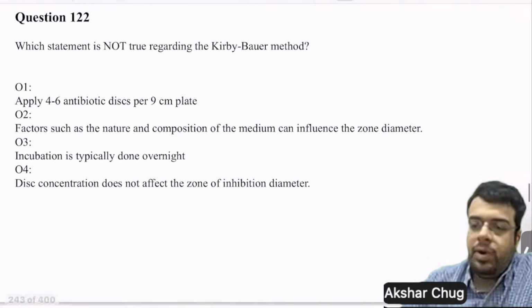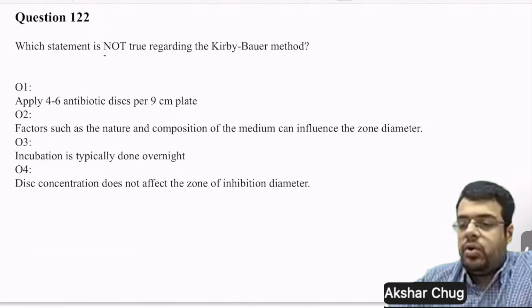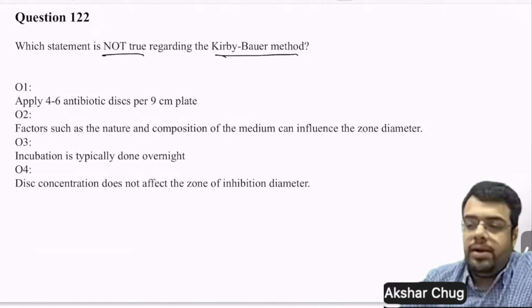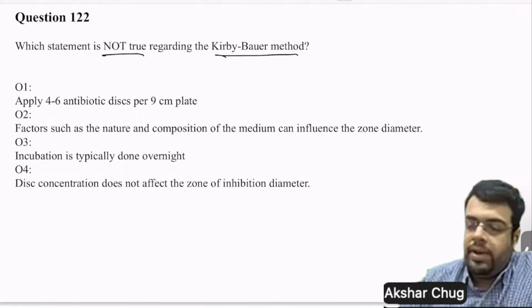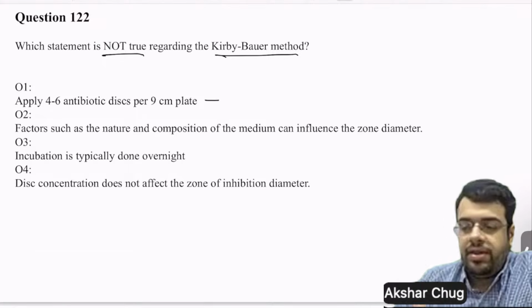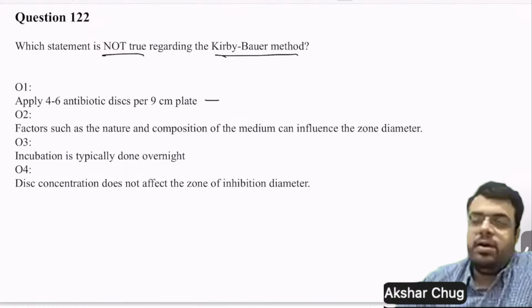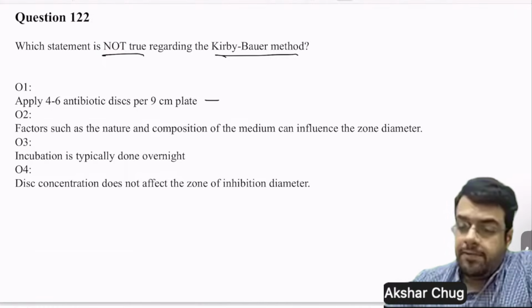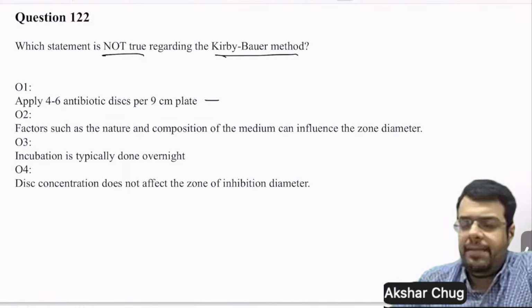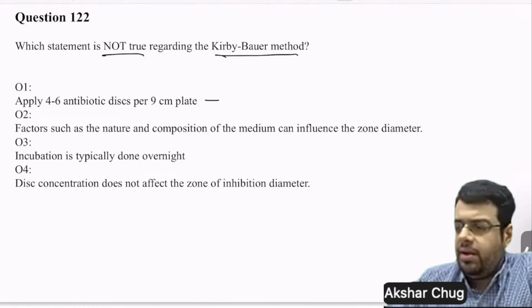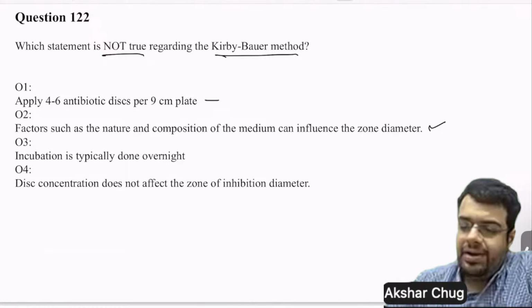Question 122. Which statement is not true regarding the Kirby-Bauer disc diffusion method? Apply 4 to 6 antibiotic discs per 9 centimeter. Okay, I don't know about this, so let's keep it as a potential option. Factors such as nature and composition of the medium can influence the zone diameter. This sounds to be correct. Incubation is typically done overnight.